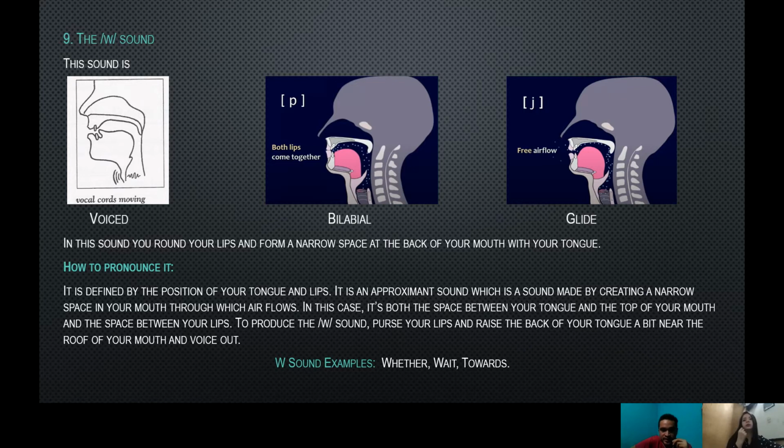In this case, it's both the space between your tongue and the top of your mouth and the space between your lips. To produce the W sound, purse your lips and raise the back of your tongue a bit near the roof of your mouth and voice out. For example, what, what. Okay, some examples are weather, want, towards.